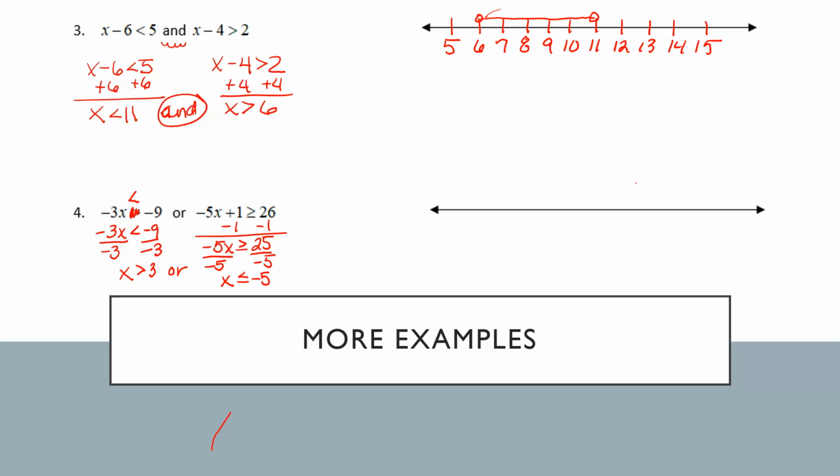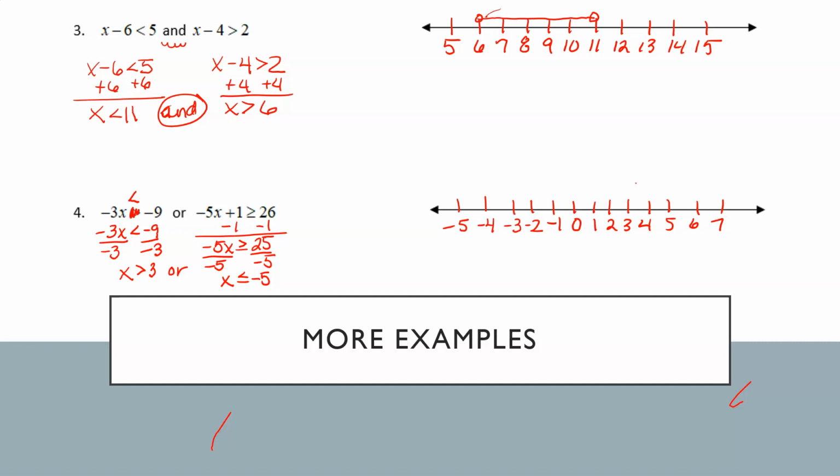So let's fill in the graph. I'm going to start at negative 5 here. So this is negative 4, negative 3, negative 2, negative 1, 0, 1, 2, 3, 4, 5. All right, so this is an OR.